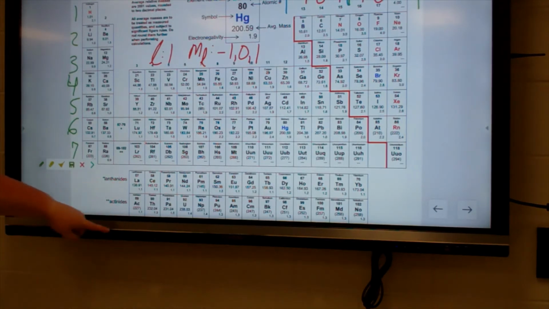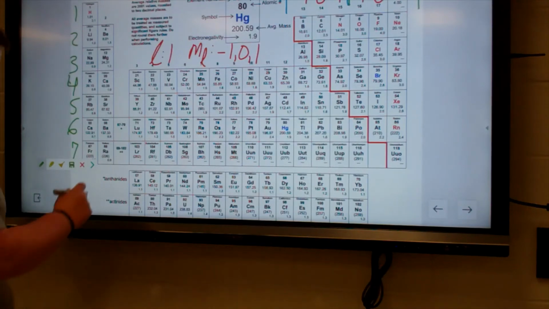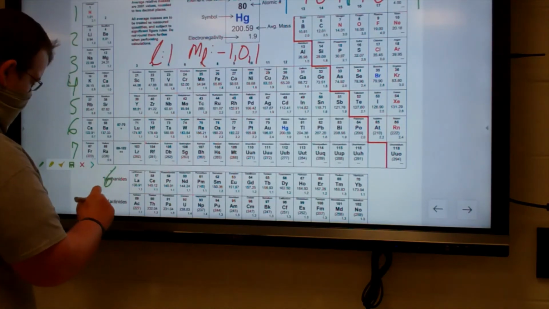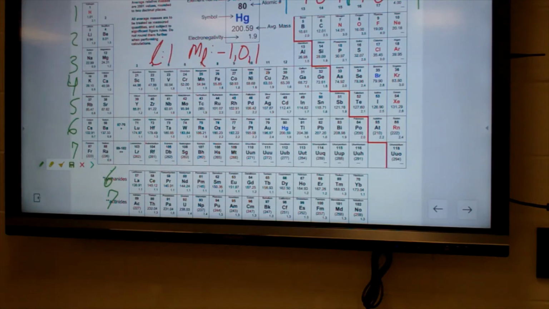Remember that these two are not 8 and 9, that this also is 6, and this is 7. Because these two actually fit right in there. Whenever you're looking at these, the row tells you everything.